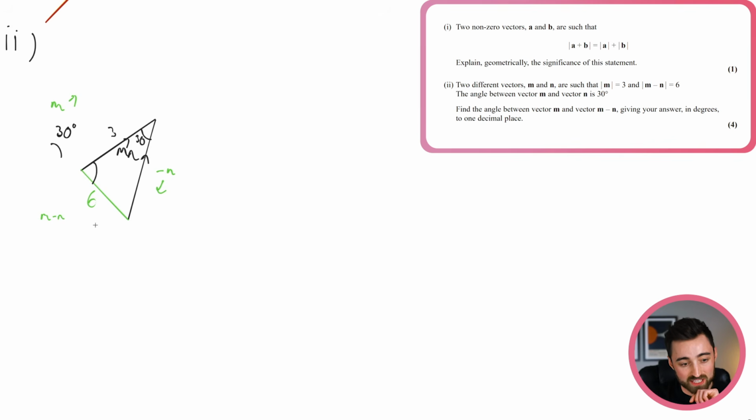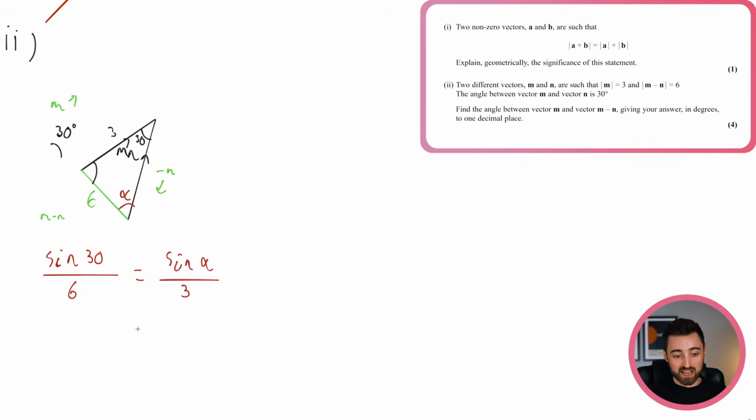Now, I can't use the sine rule to directly work out this angle here, but I can use it to work out this angle. Call this angle alpha, whatever. Then I can use the sine rule because it's the opposite angle inside. So if I was to say sine of 30 divided by 6, right, it's the opposites, equals sine of alpha divided by 3.